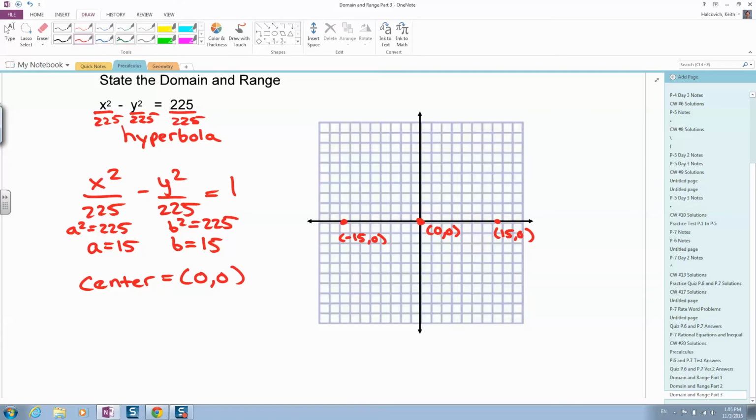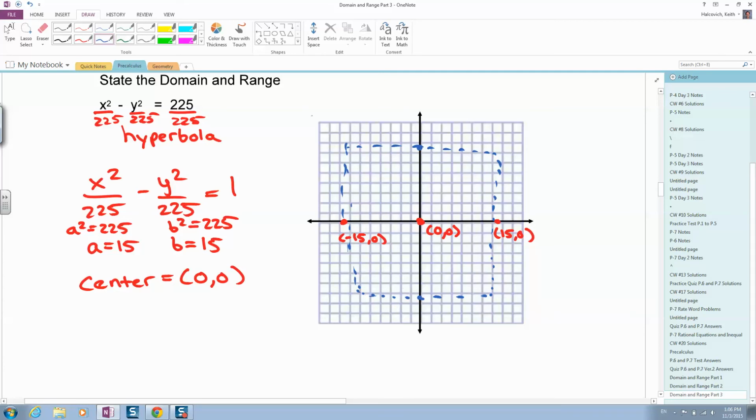Because remember, for a hyperbola, we also would have a little box that we make with the b. So you go up 15, so up 7 and a half, and down 7 and a half. And remember, you'd make a little box like that.